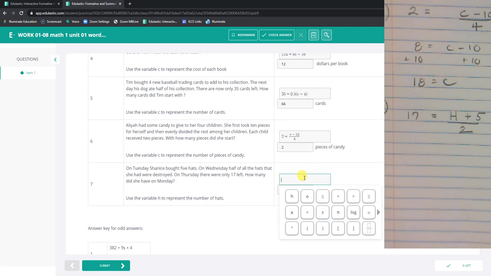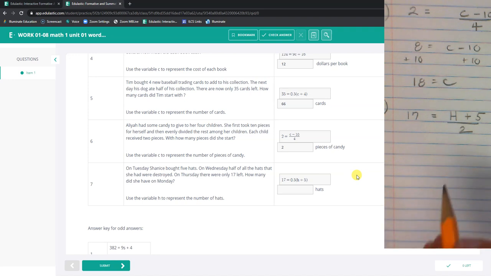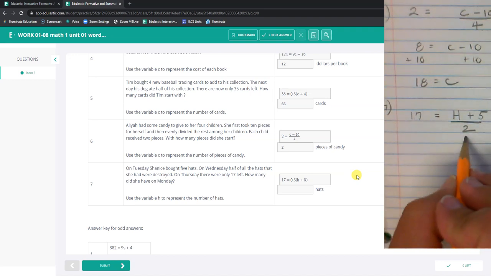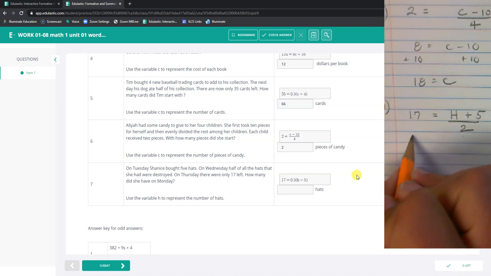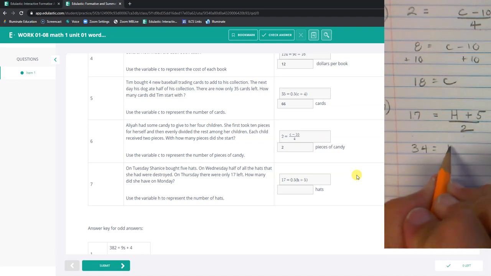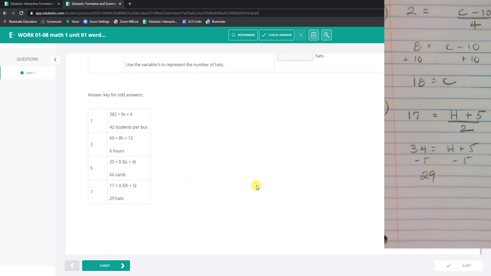Let's do it. 17 equals 0.5 parenthesis H plus 5 parenthesis. That should work. Let's solve it. Multiplying both sides by 2 gives me 34 equals H plus 5. Subtracting 5 takes me to 29. And is that the right answer? 29 hats.